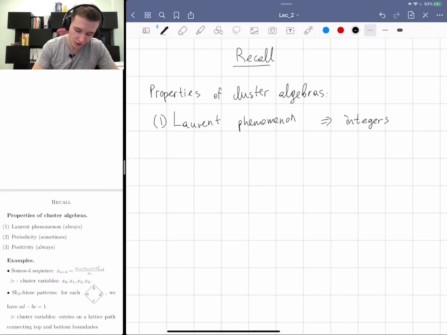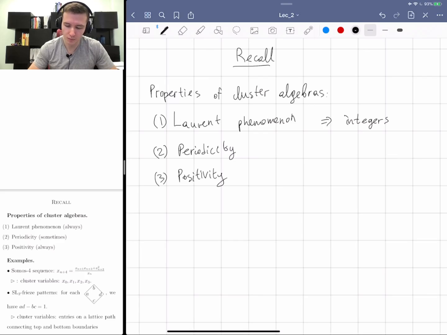Well, you get integers. The second property was periodicity, which we saw only for the frieze patterns, and the third one was positivity, which meant that the coefficients of these Laurent polynomials were positive integers.